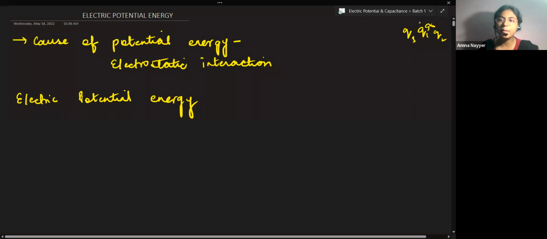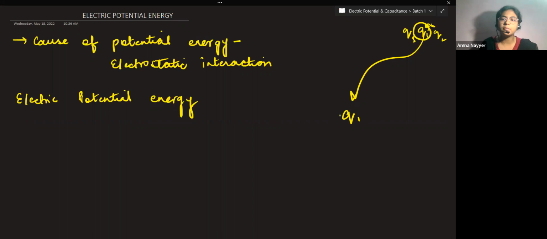Firstly, I bring Q1 from infinity to a particular point. Here the work done will obviously be zero, because you are bringing the first charge from infinity. Energy will be zero, since there is no interaction right now. The single charge has no other charge present to interact with.